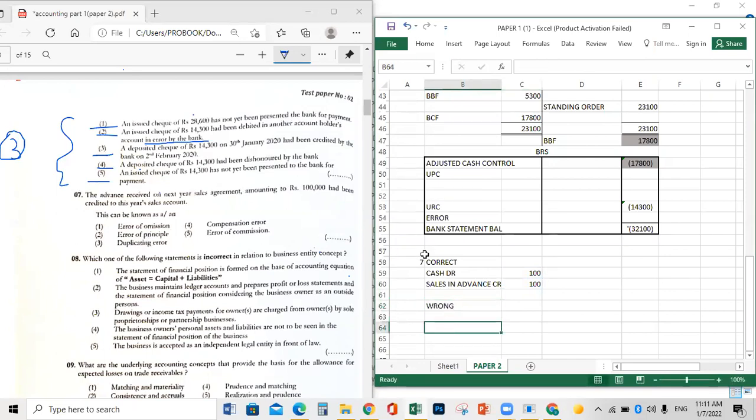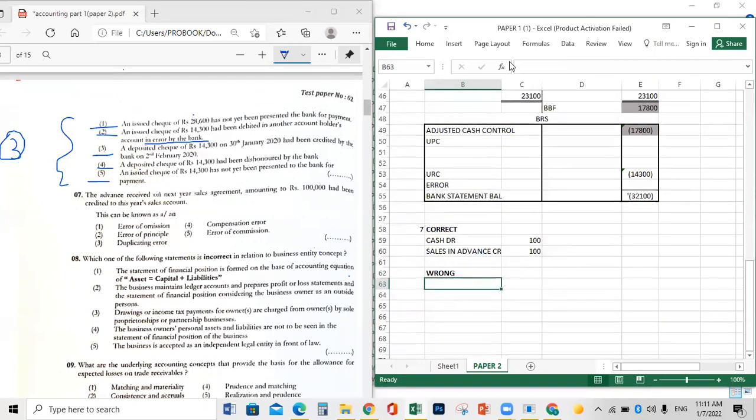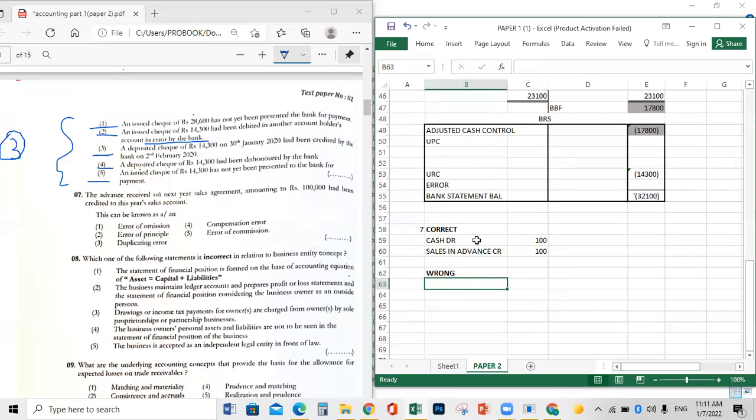What have they done? Instead of recording it as sales in advance, can someone tell me how they recorded it? Tell me the double entry. Cash debit, sales credit. Yes, the sales income credit.